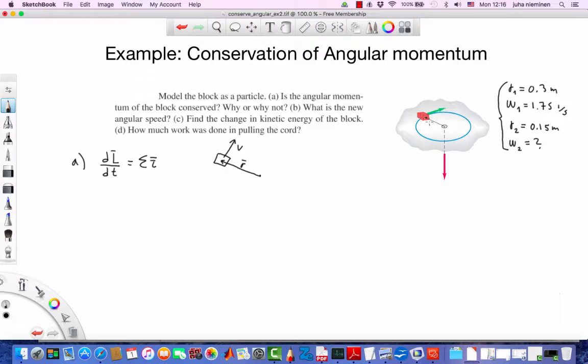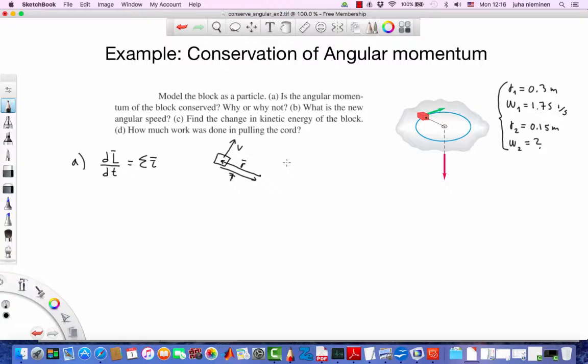And now, when the string is being pulled, the direction of the force, or the tension force, is of course along the length of the string.